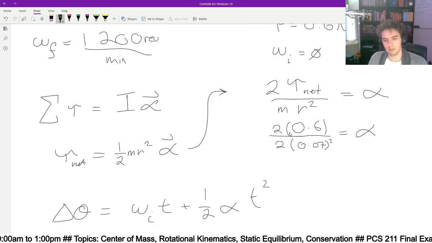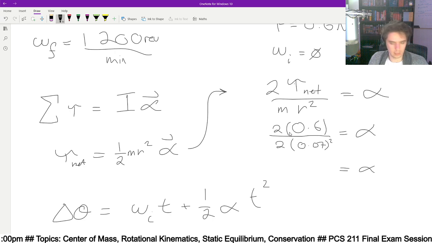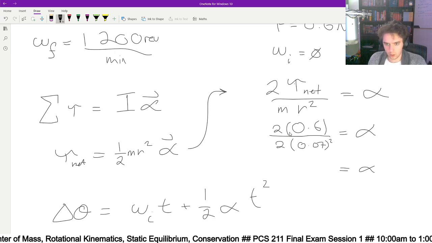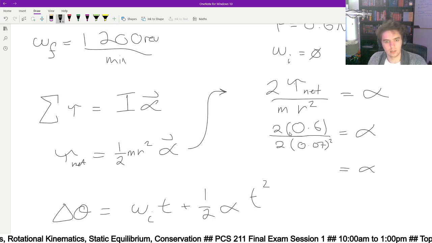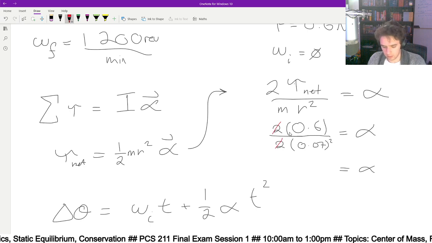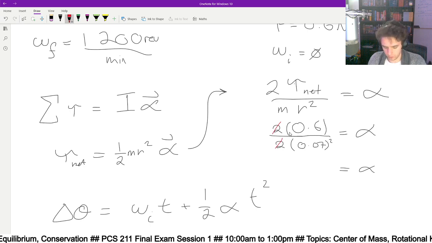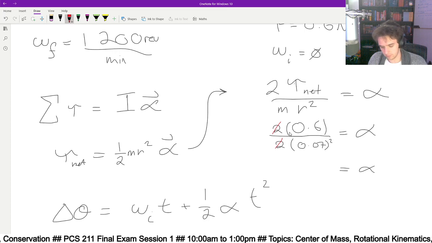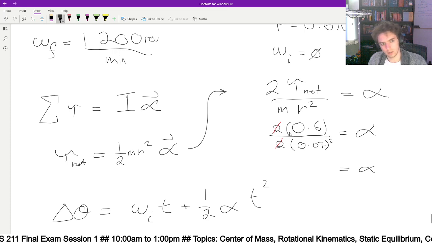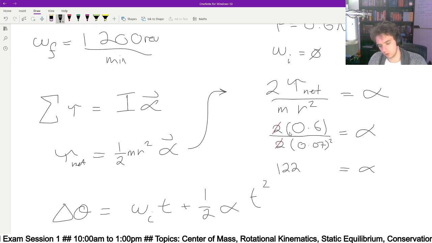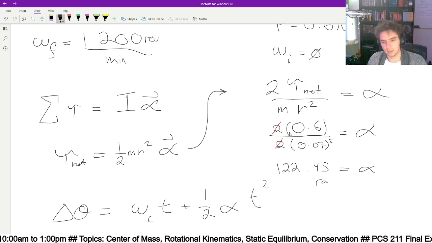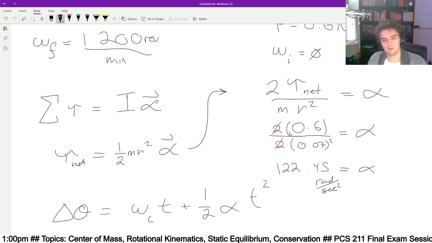The 2's cancel, sorry, didn't see that. So it's 0.6 over 0.07 squared. So I got the acceleration is 122.45 radians per second squared.